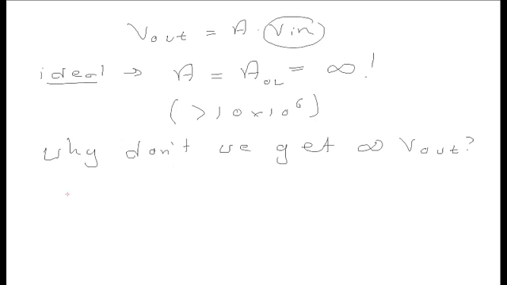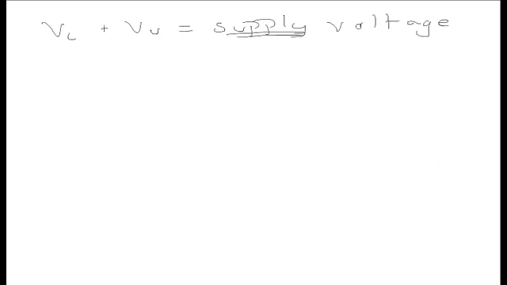It turns out it all comes down to what V upper and V lower do. V lower and V upper are the supply voltages. Op-amps don't just produce voltage out of nowhere. We have to give them energy in order for them to produce this gain, this multiplication. So, V lower and V upper are actually two connections to a power supply.